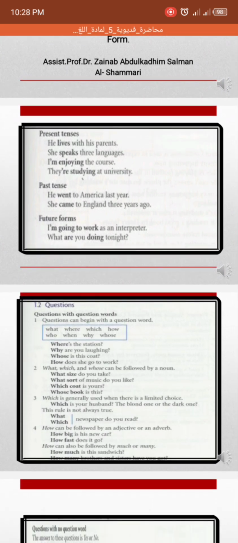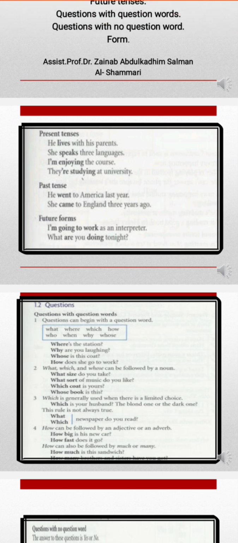Present tenses. For example, he lives with his parents. She speaks 3 languages. I'm enjoying the course. They are studying at university. Past tense.